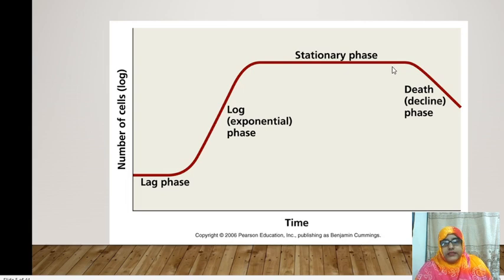Both rates are equal. Basically we can say here, the death rate is equal to the growth rate. Then suddenly there is a phase of rapid death, the decline phase. If 4 bacteria are formed, then 6 are dying. The growth rate is less in the decline phase and the death rate is higher. This is basically bacterial growth.